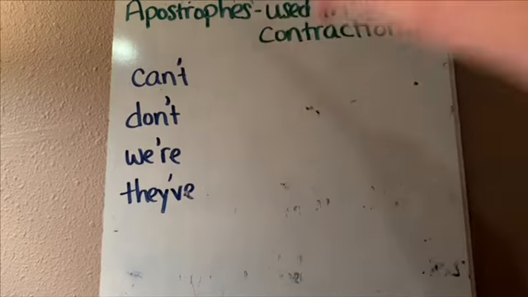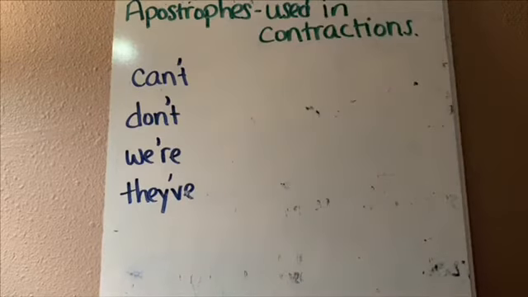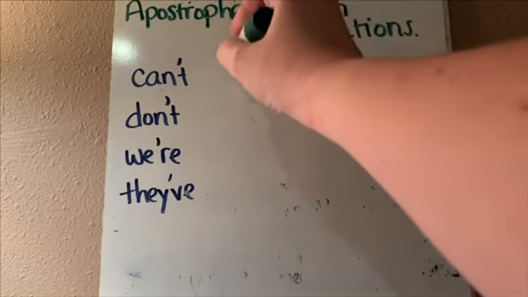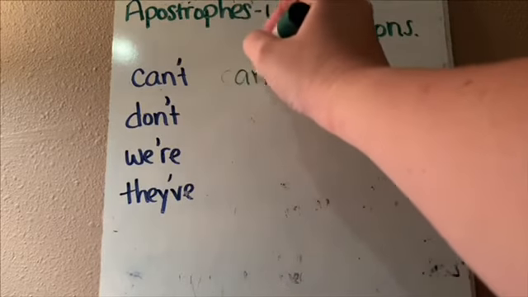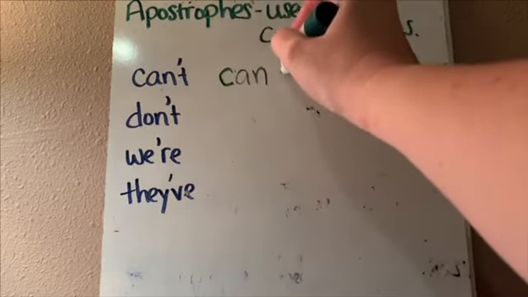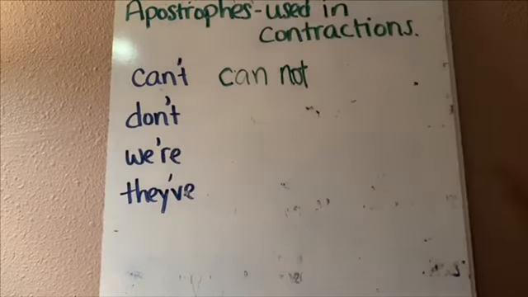Let's work it out. The first word I have up here is can't. What two words make up can't? Can and not. So can't is made up of the two words can, not.